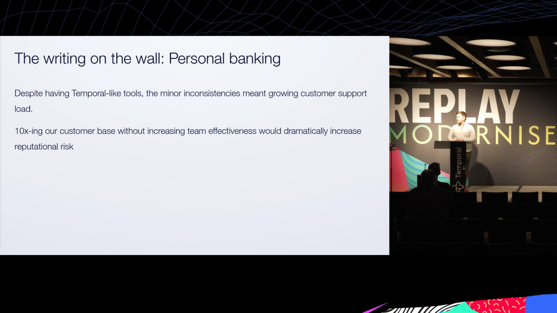And with this personal banking product, I started kind of screaming on the inside, because I was like, all right, we've got engineers who are having to fix maybe 50 data inconsistencies a week. We've got a support team that is kind of geared up to support our current business needs. But as soon as we have 10x growth with a bunch of personal banking customers, we're in trouble. We don't want to 10x our engineering team. We don't want to 10x our customer support team.